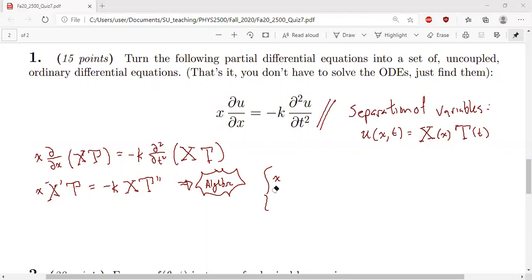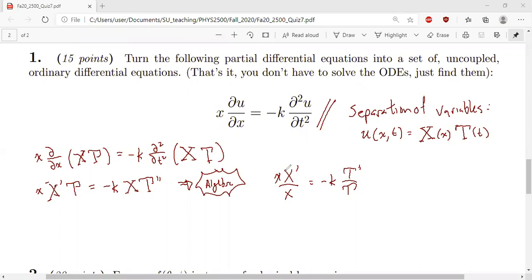Actually, let's do one step at a time. This equation: X prime over X equals minus k T double prime over T. And again, the game is that if there are two of us and I pick any value out of, in this case, maybe let's say the entire real line, of x, and you pick any value of t, and we keep them hidden, and then we go 1, 2, 3, shoot.